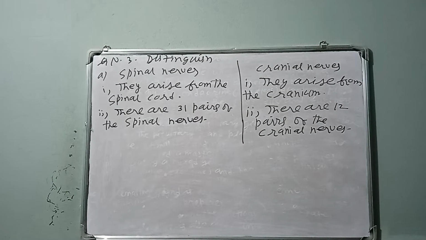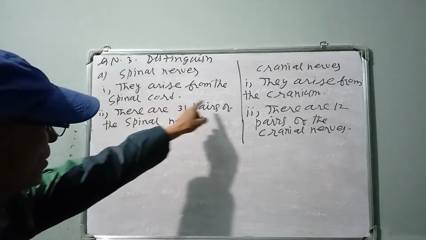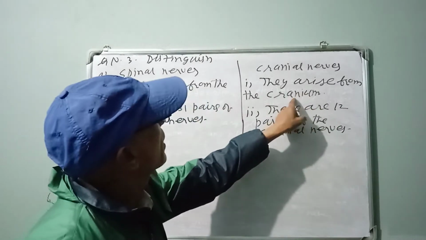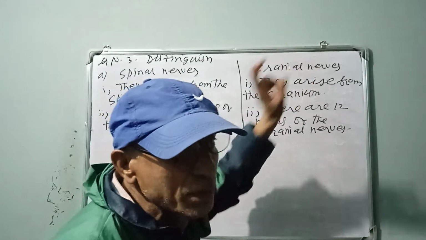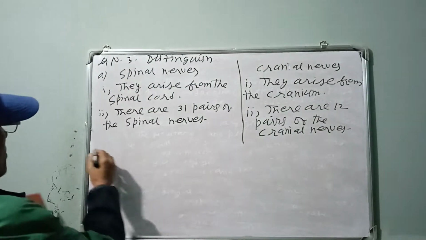Spinal nerves arise or are produced from the spinal cord. They are produced from the cranium. Cranium noun but cranial bhanu. Cranial means related to the cranium.